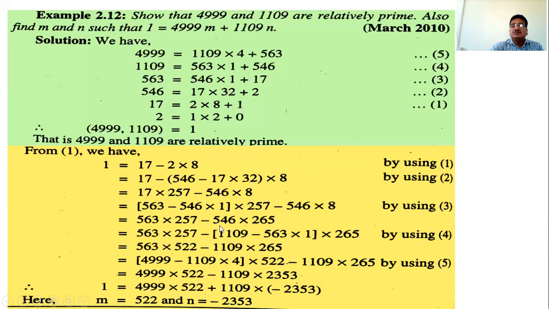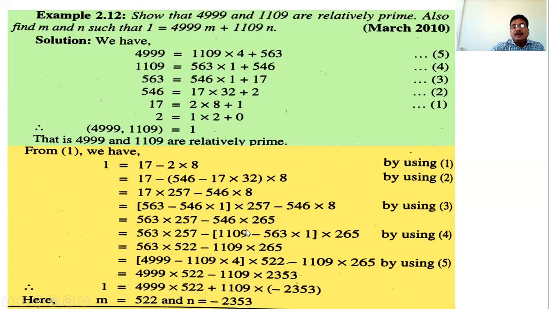Then what do we have? 563 into 257 minus 546 into 1 into 257, meaning 546 into 257, and here is 546 into 8. If we take 546 as common, then in brackets 257 plus 8 becomes 265.